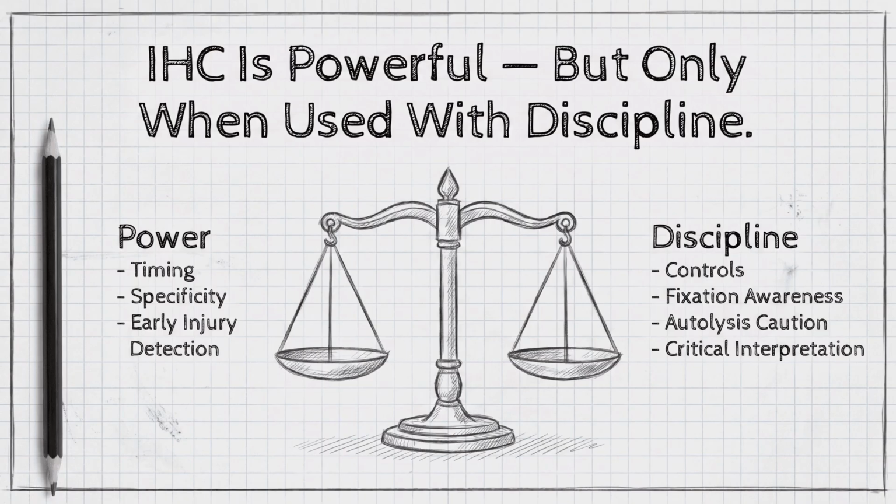But its power is directly proportional to the discipline with which it's applied. That means meticulous technique, rigorous quality control, and a deep understanding of its limitations. When used with this discipline, IHC provides invaluable insights that gross examination alone cannot. This is the essence of responsible forensic practice.